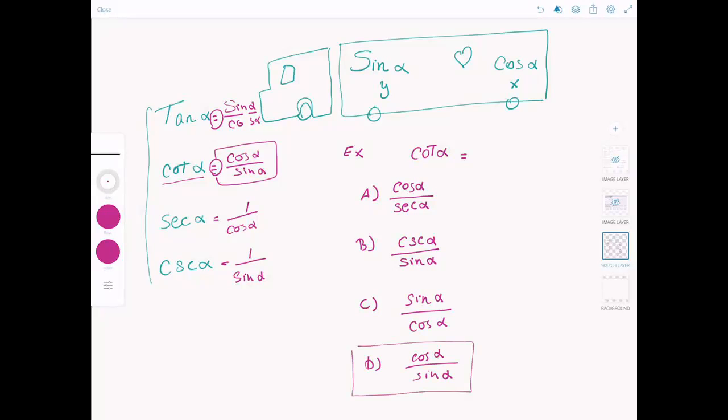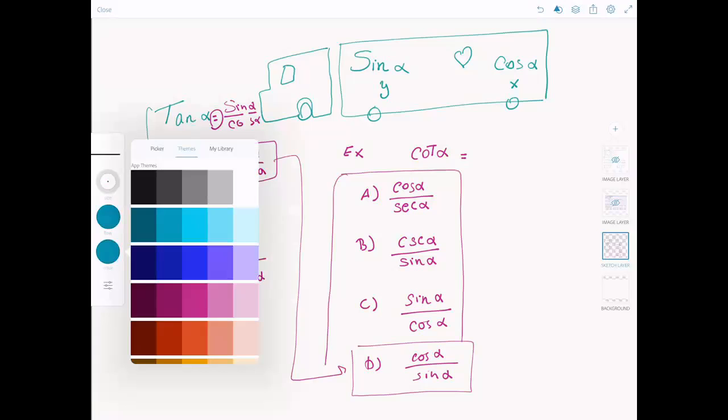How do we know D? You have this in your note sheet, that cotangent is cosine over sine. So this was a very super basic question about identity. But for the same question, cotangent of alpha, I can make another type of multiple choice.